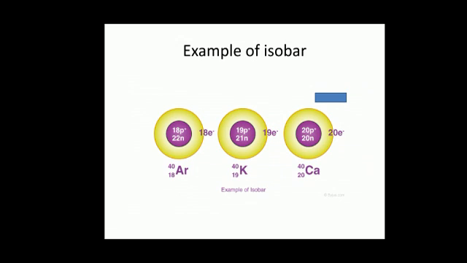We are calling them isobars because their atomic masses are the same. You can see, students, as a superscript 40, 40 and 40 each is written, it means their atomic masses are the same. What is different? The number of protons, that is atomic number, of argon is 18, potassium is 19 and calcium is 20. It means these are the examples of isobar.